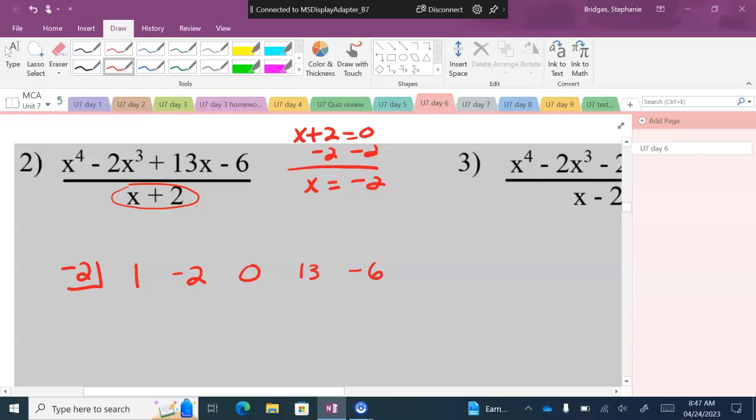Okay, so go ahead and work this out. Remember, the first term comes straight down. Multiply, add, multiply, add. So you get through the process, and we'll talk about how we write our answer.